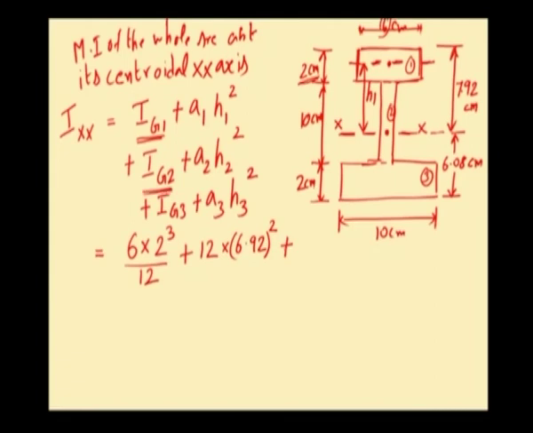Ig2 is moment of inertia of rectangle 2 about its own centroidal axis. So, this is the center of gravity or centroid of rectangle 2, this is the x axis of rectangle 2, moment of inertia of rectangle 2 about its own centroidal x axis will be b d cube by 12. Here b will be equal to this width. So, this is b. So, this width will be 2 centimeter into depth will be 10 centimeter. So, 10 cube divided by 12 plus A is 20, into h2. h2 is the distance between centroidal x axis of rectangle 2 and the x axis of the overall figure.